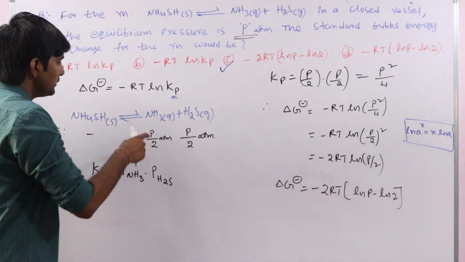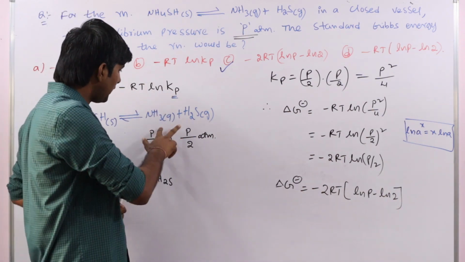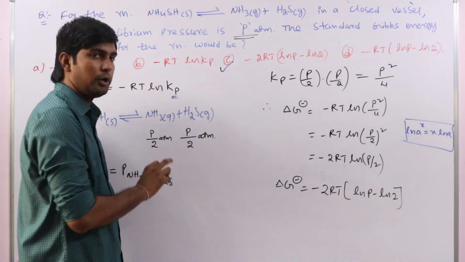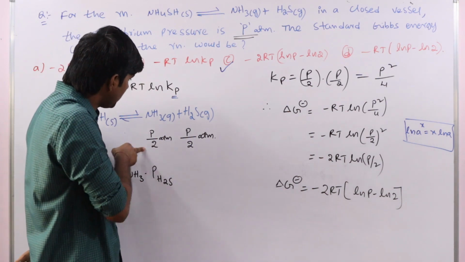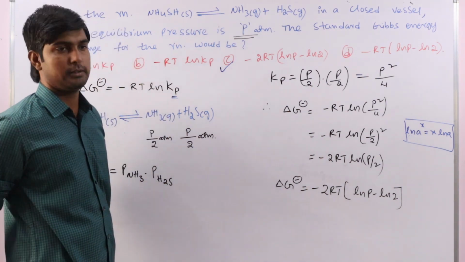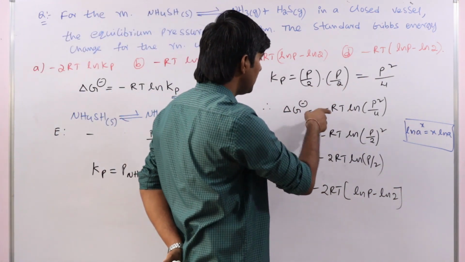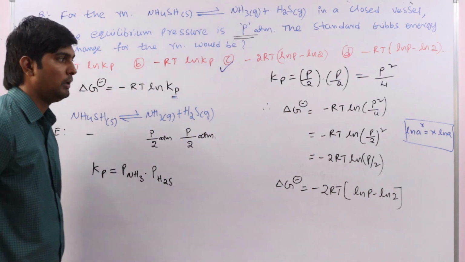Here we have two gaseous species formed in equimolar ratio, so they contribute equally to the total pressure. So P by 2 atmosphere, P by 2 atmosphere. If you substitute in the Kp expression, we get the Kp value, and substituting here after simplification, this is the relation.